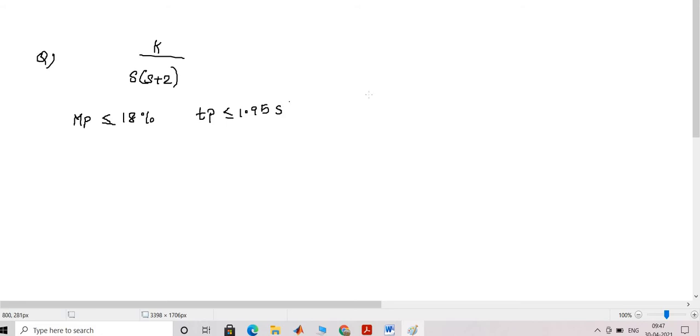So in this type of question, we can draw a rough root locus. Since there are two open loop poles, at s equal to 0 and at s equal to minus 2, the approximate shape of the root locus will be like this. One branch starts from s equal to minus 2 and the other starts from s equal to 0.